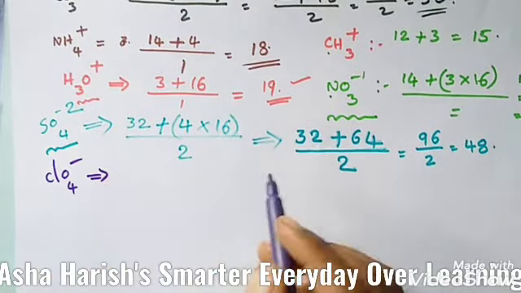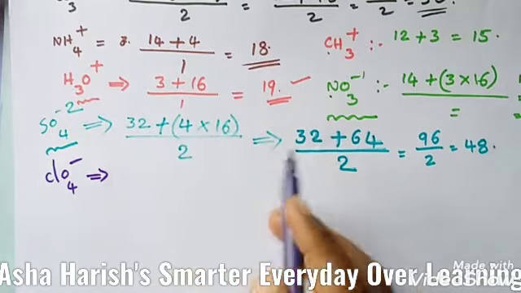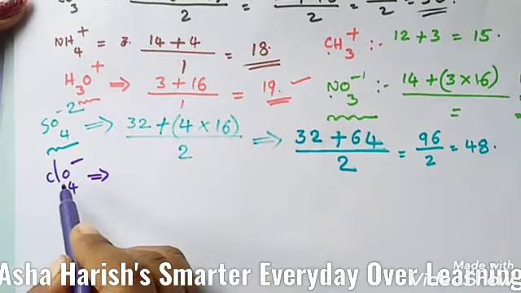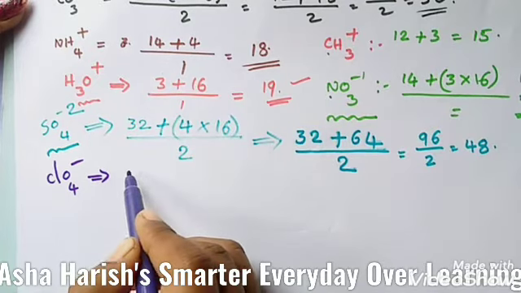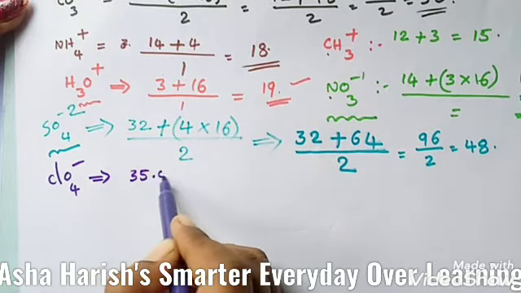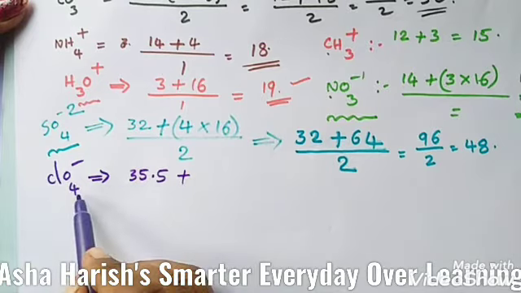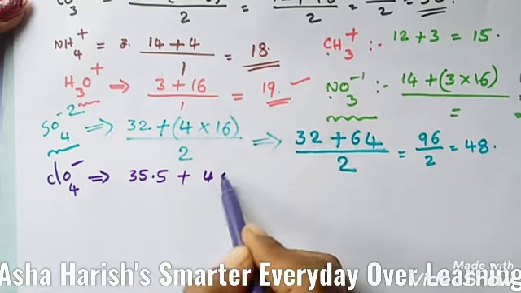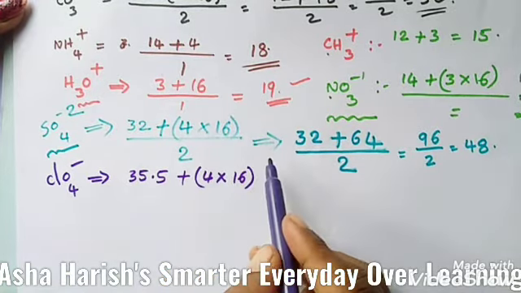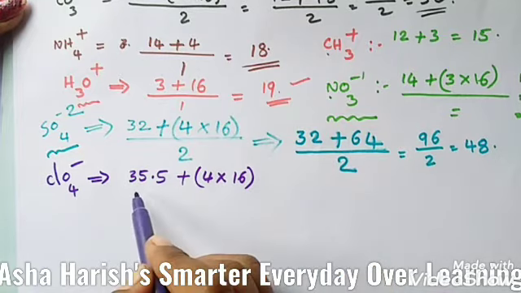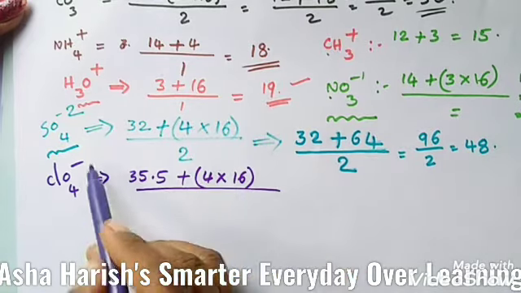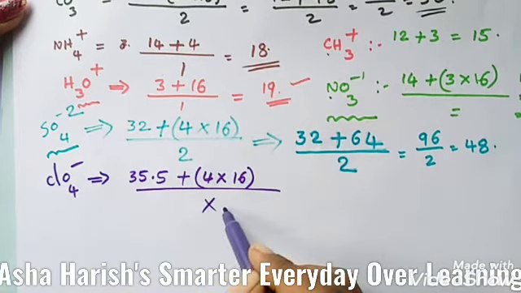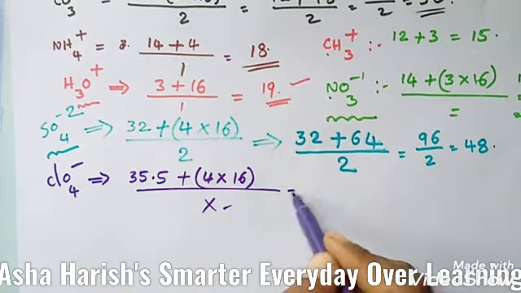You need to calculate the formula mass of the ion: chlorine's atomic number is 17 and its mass number is 35.5, plus 4 oxygens, so 4 into 16, where 16 is the atomic mass of oxygen, divided by 1, which you should ignore, no need of writing any number here.